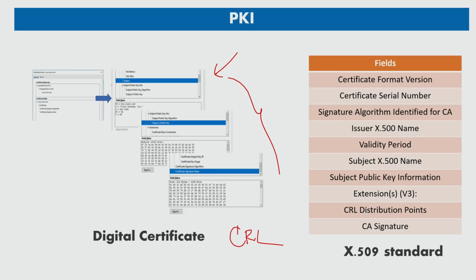So the information contained in the identity certificate is illustrated in this table, which contains the following: the certificate format version, serial number, signature algorithm identifier, CA X.500 name, validity period, subject name, subject public key information, extensions, and the CRL distribution points and the CA.